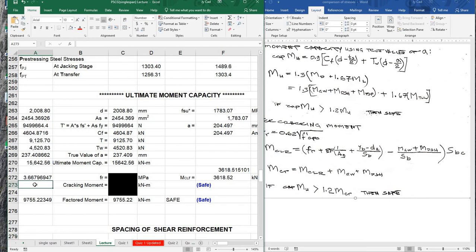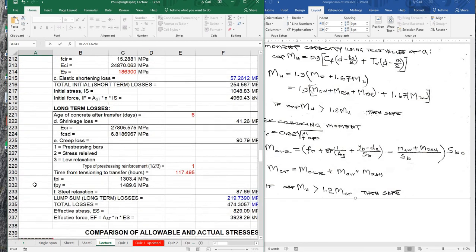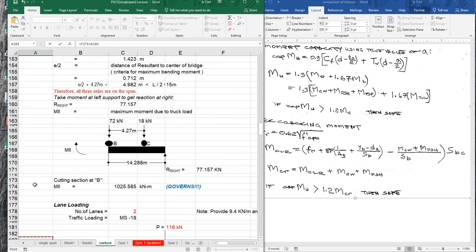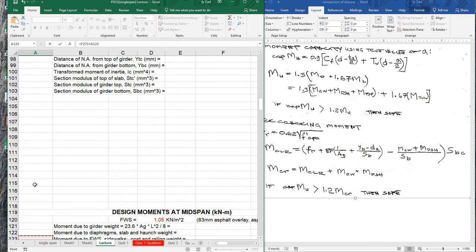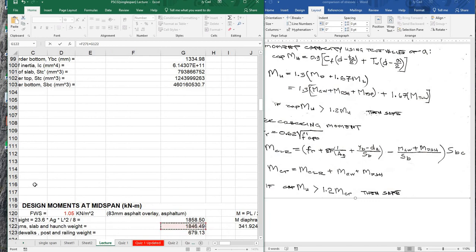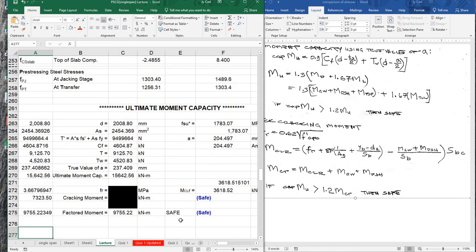Okay, so dito tayo, equal sign, and then MCLR, ito siya, plus moment due to girder weight, plus moment due to diaphragm, slab, and haunch, and then enter.